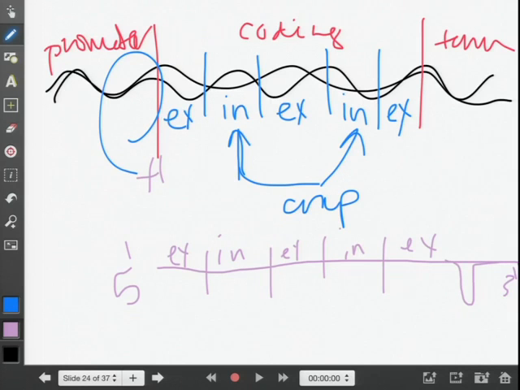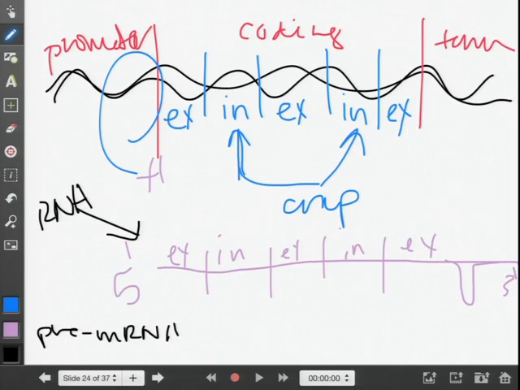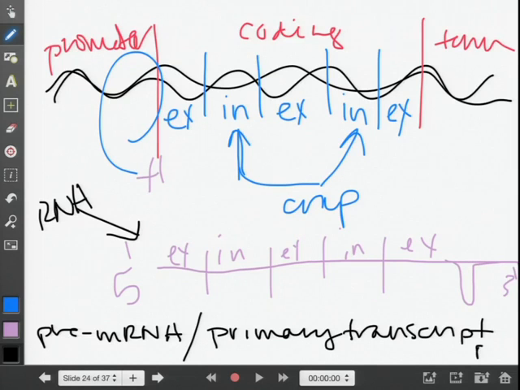We do not call this an mRNA. This here is called either pre-mRNA, I think that's what our book calls it, or all the genetics books call it a primary transcript RNA. It's not ready for translation because we have to get rid of the introns first.